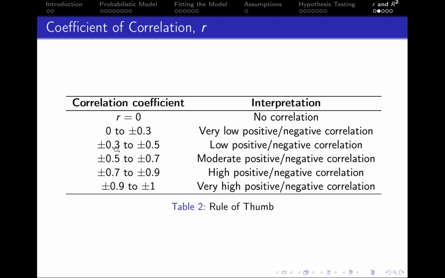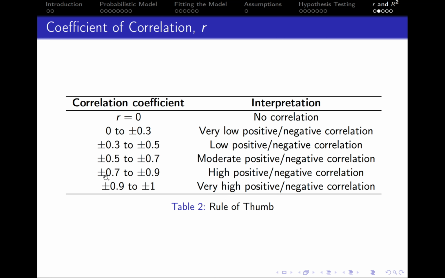If the correlation coefficient lies between positive 0.3 and positive 0.5 or negative 0.3 and negative 0.5, we say that there is low positive or low negative correlation. If it lies between positive 0.5 and positive 0.7 or negative 0.5 and negative 0.7, we say that there is moderate positive or negative correlation.